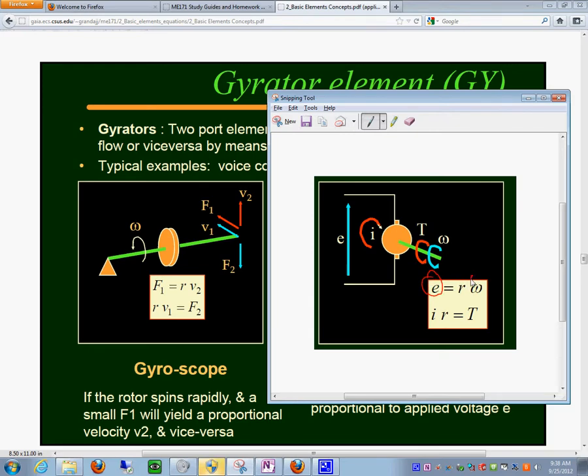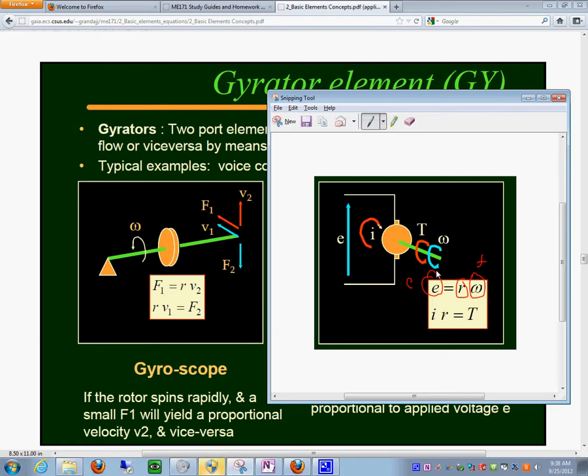But you see this is a flow variable here. I'm just going to make an emphasis. This is E, this is the flow variable, related by a modulus.